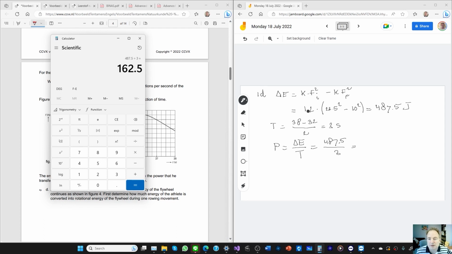And now I just want to keep two significant digits because of the 1.2. So I can write this then as 1.6 times 10 to the power 2 watt.